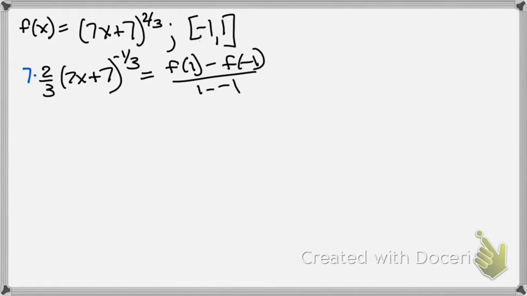Now evaluate f of 1 and f of -1. F of 1, plugging in a 1 here, you get 14 to the 2/3 power, not very pleasant. F of -1, plugging in -1, we get 0, which keeps happening.